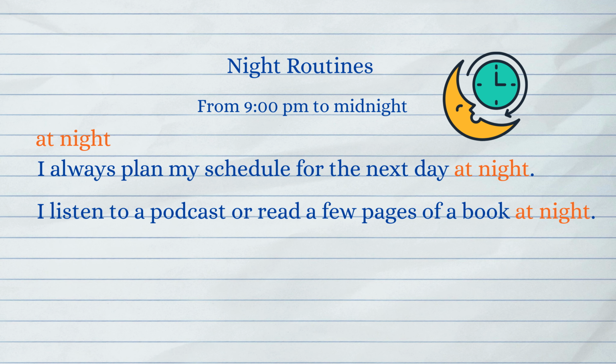Or I listen to a podcast or read a few pages of a book at night. So remember, we say in the morning, in the afternoon, in the evening, but at night. This is a very common mistake, so try to remember it and use it correctly.